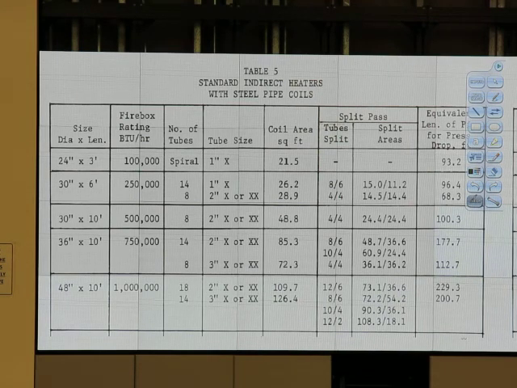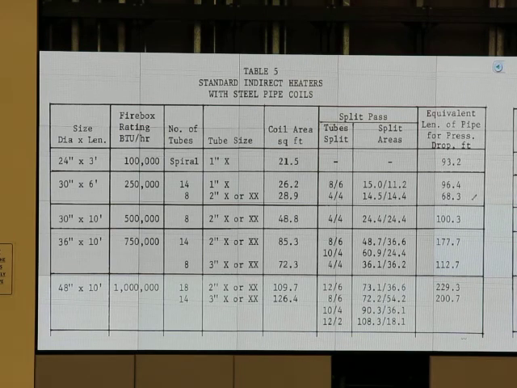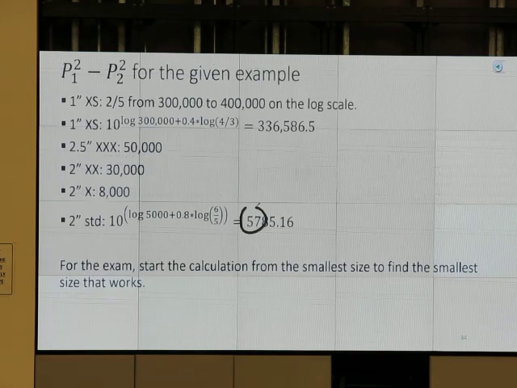When the nominal size is 2 inch, X and XX have similar cross-section area inside. XX means thicker wall, withstands more pressure.